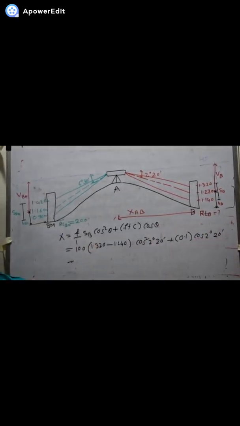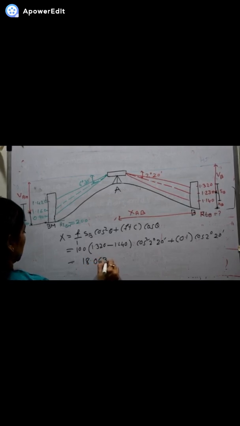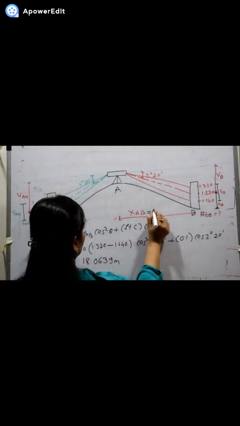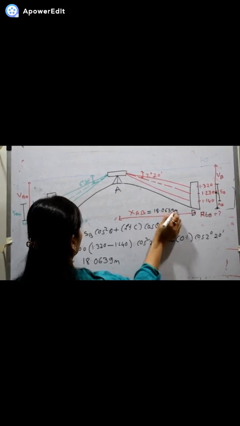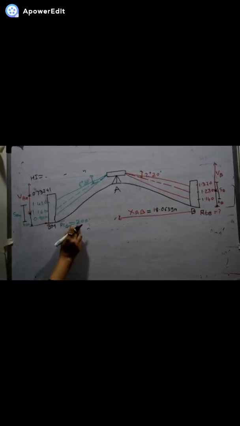If I solve this, the answer to this x value is 18.0639 meter. So the value of horizontal distance between A and B is 18.0639 meter.